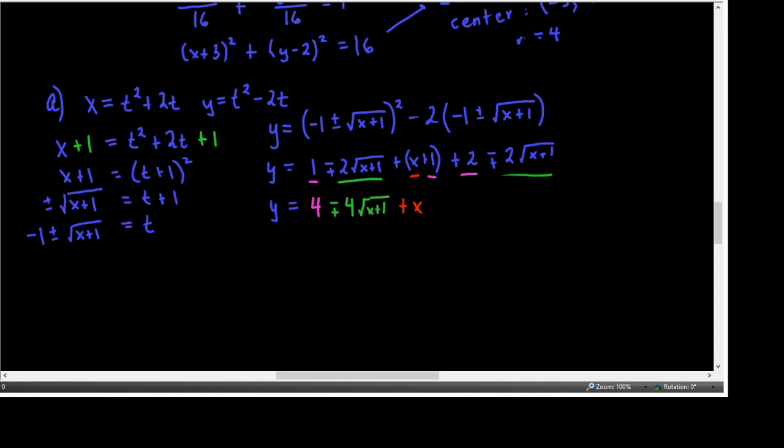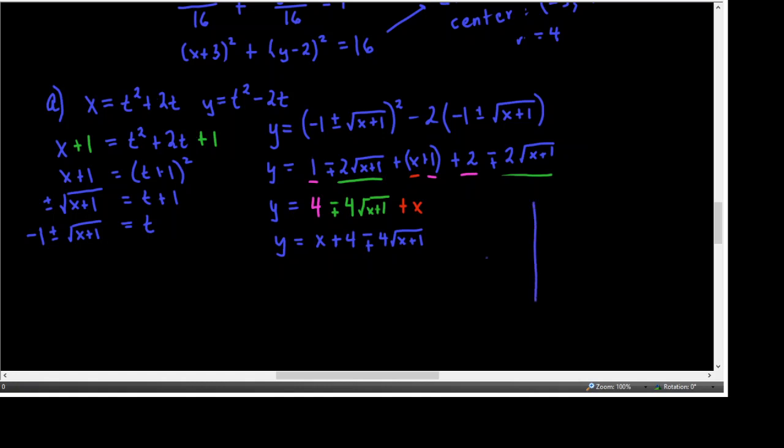In fact, you might want to write it in this order instead, just to make sure you don't have that issue. Let's do x plus 4 minus 4 square roots of x plus 1. Type that in y1. And then in y2, type x plus 4 plus 4 square roots of x plus 1.